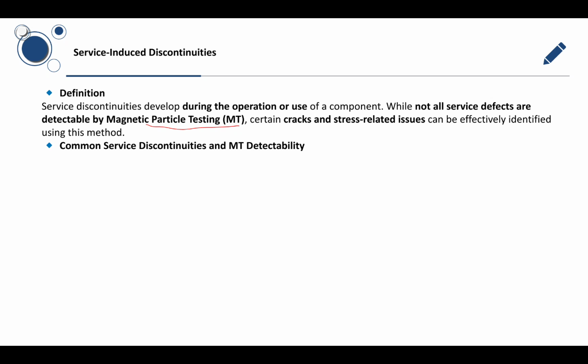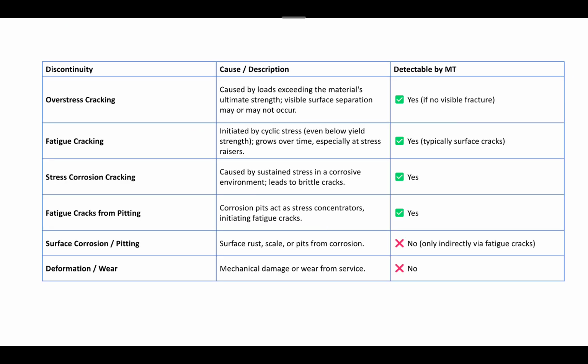Here are some common service discontinuities and detectability. First one is overstress cracking, caused by loads exceeding the material's ultimate strength. Visible surface deformation may or may not occur. These are detectable by MT if there is no visible fracture.